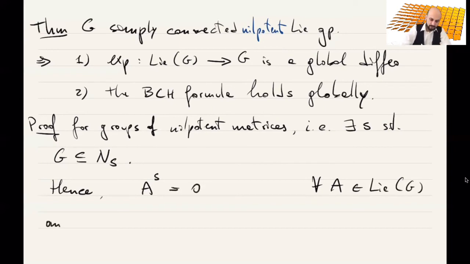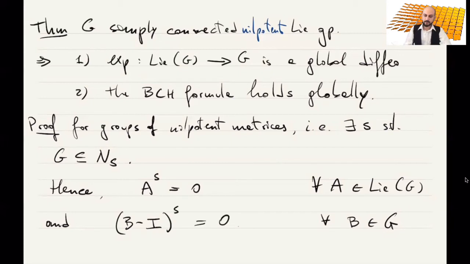And instead, if I take an element, let's call it B, in the group, I see it as a matrix, then if I remove the diagonal, which is the identity, then this is a nilpotent transformation. Okay, so we're going to use these facts.